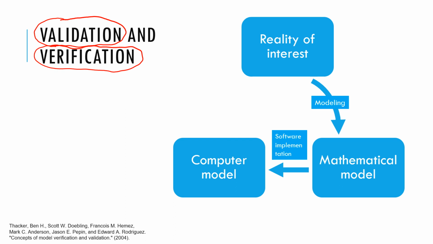And then that model is implemented in a computer software to solve these equations. That's what we call the computer model. And then the output of the computer model, the simulation results, are supposed to be a simplified representation of the reality.